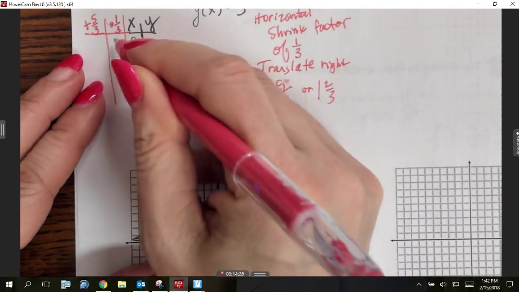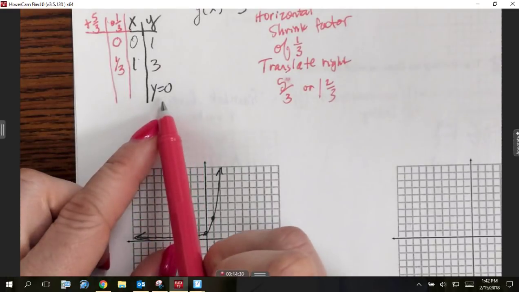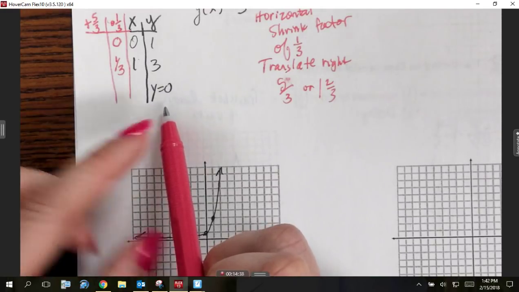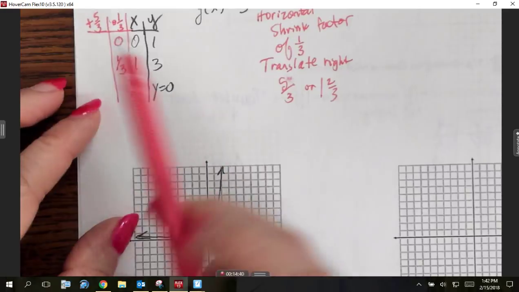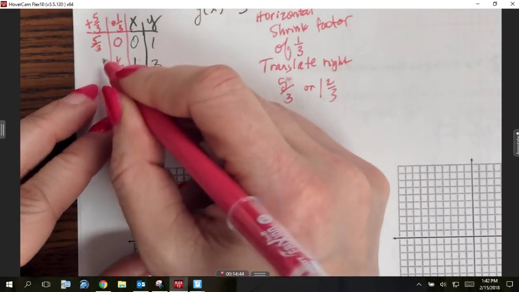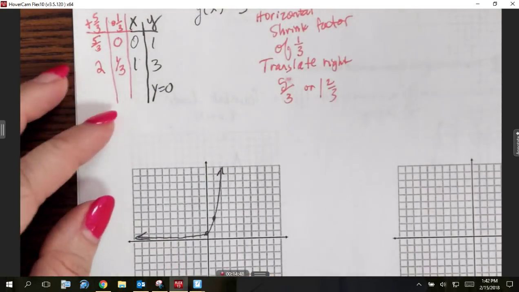So I'm going to take 0 times 1/3 and 1 times 1/3. Do I need to multiply by asymptote? No, because that is in the y column. Then I have to add 5/3, so I get 5/3 here, and then I get 5/3 plus 1/3 is 6/3, or 2.